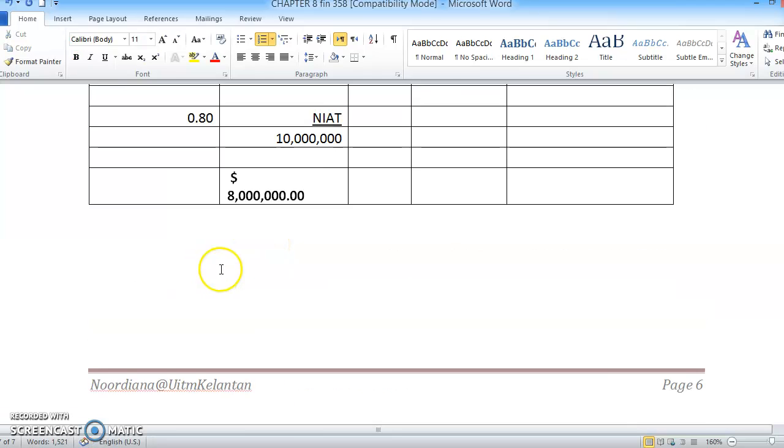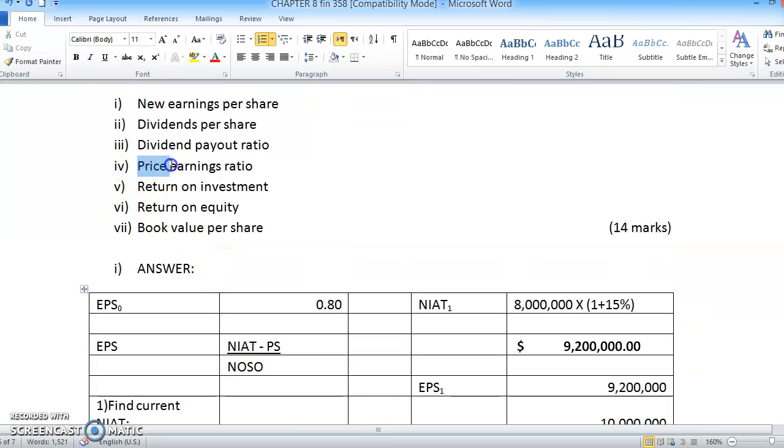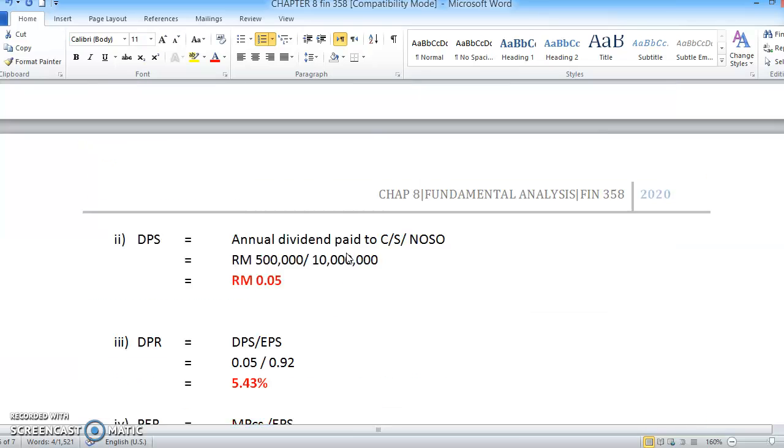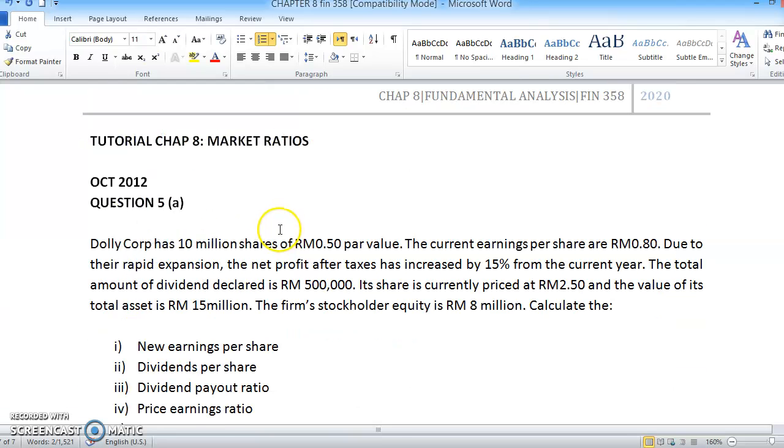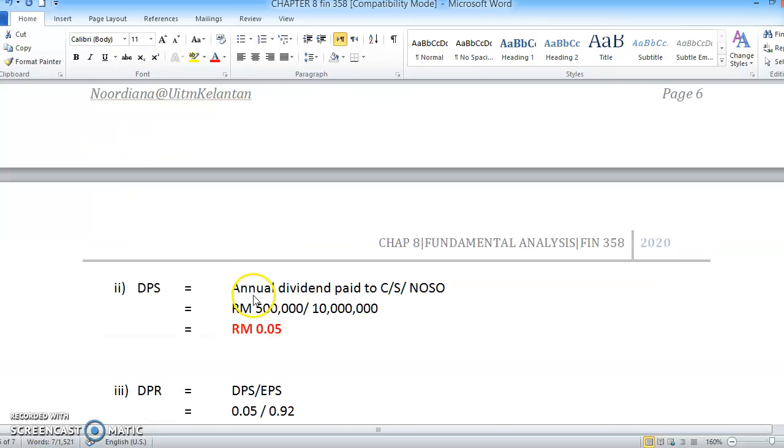And the question also asks to calculate the PER, which is the price earning ratio. Okay. What is the formula for price earning ratio? The market price divided by EPS. So in the question, it's stated over here, its shares is currently priced at RM2.50. So this is the market price divided by the EPS of 92 cents.